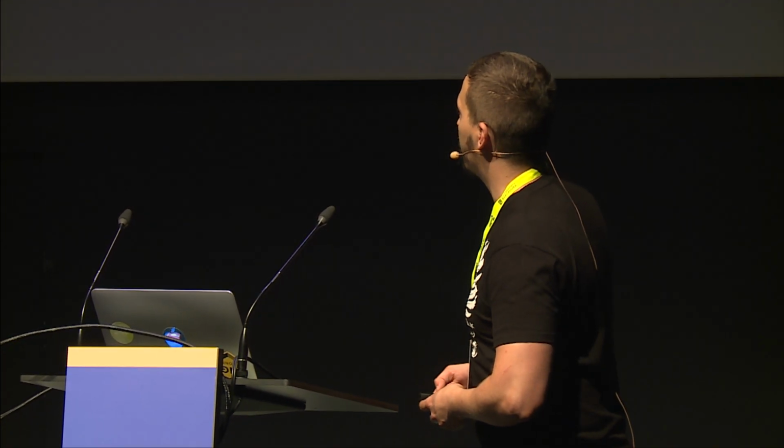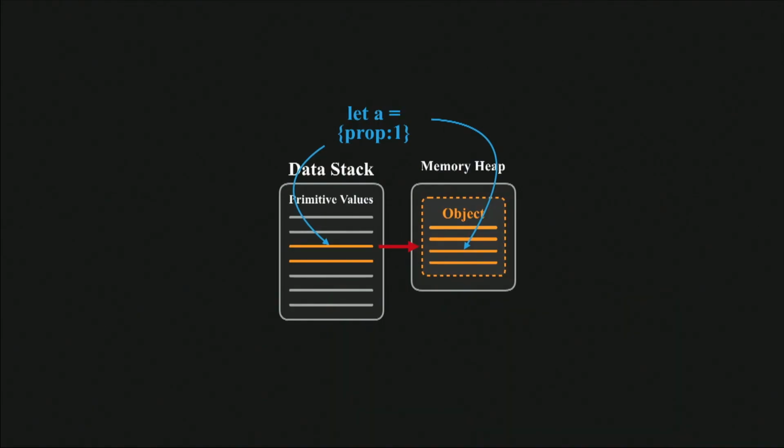Okay, for those guys who will be upgrading, you should know that we'll take a look a bit at JS memory notes, so it will be easier to get why it stopped working, or will stop working. When you're defining an object, you're actually defining a property in local scope, which will go to the data stack, and you're allocating memory in the memory heap.